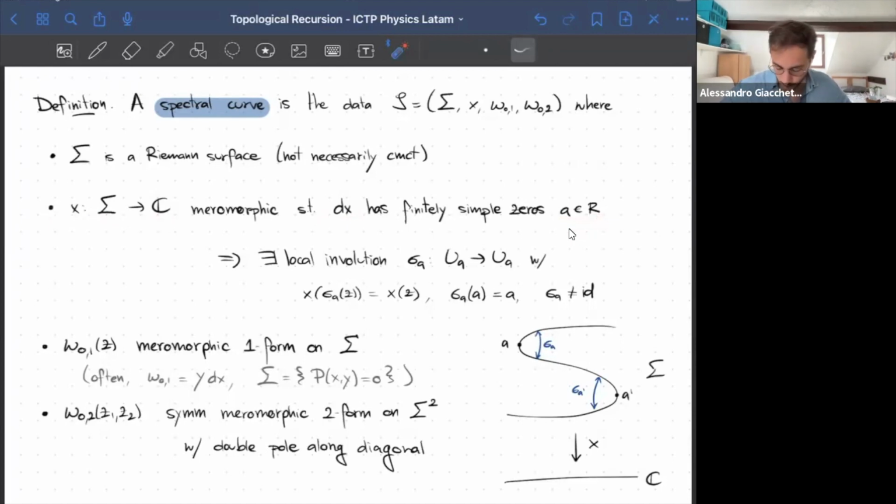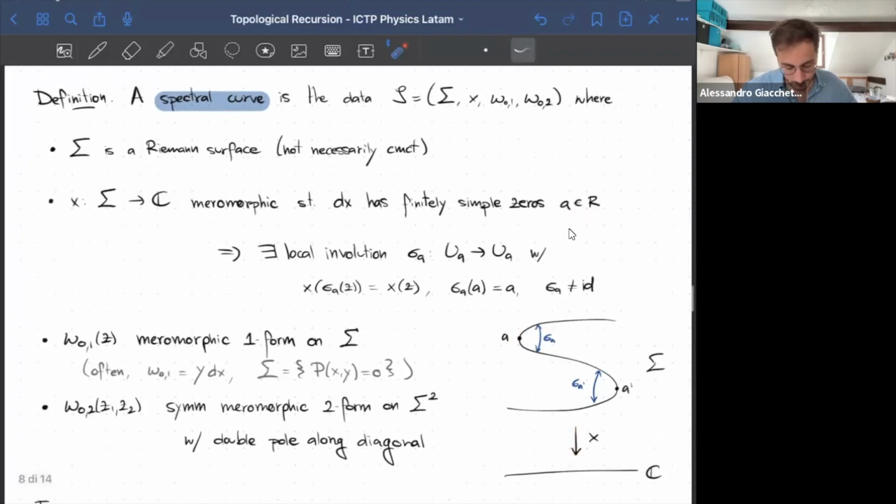And so this involution, which you can imagine to be something like this, is near every ramification point something that exchanges the two sheets of this covering here. This satisfies the following property. It leaves x invariant, it fixes the ramification point, and it's not the identity. And this involution is actually uniquely determined by this property.